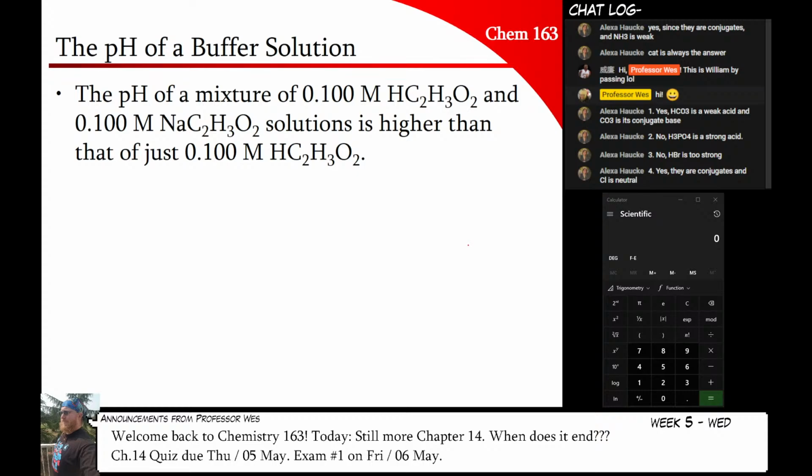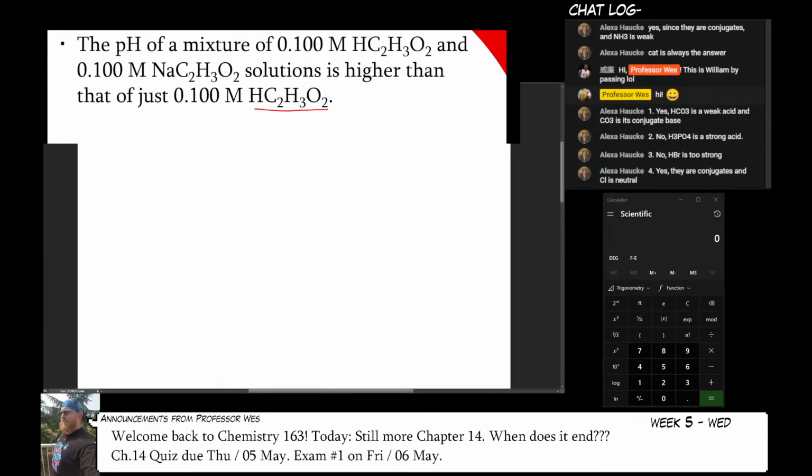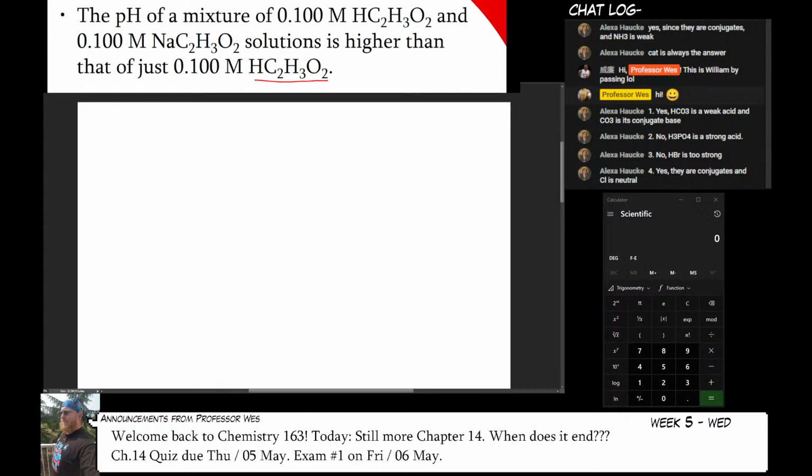So the mixture of both of these things should be higher than just the weak acid, right? Well, how do we solve it? How do we figure out what the pH of a mixture of this is? That's what I'm trying to click on. There we go. So I'm sort of anticipating that the question is going to ask us this, but that's okay.